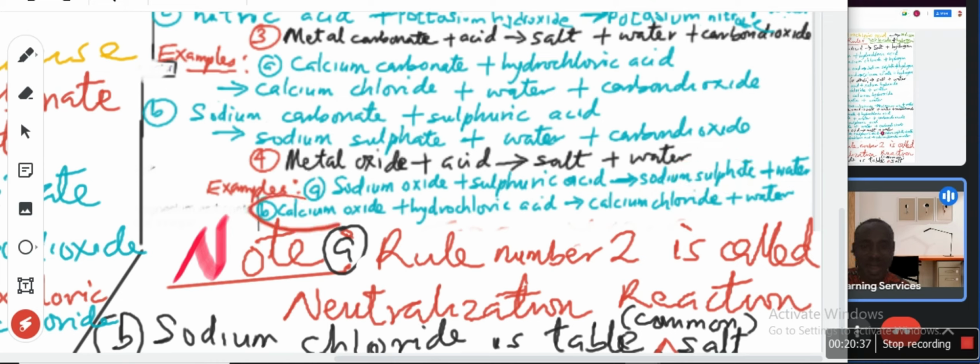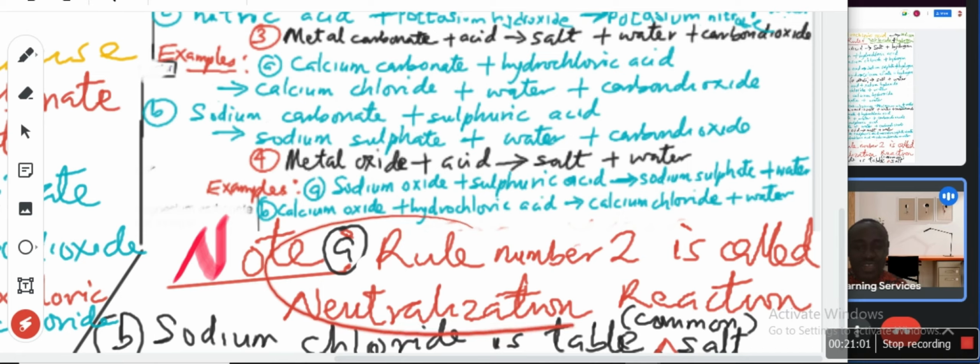Then calcium oxide plus hydrochloric acid equals calcium chloride plus water. If it is with hydrochloric acid, it will give metal chloride. If it is sulfuric acid, it will give metal sulfate. If it is nitric acid, it will give metal nitrate.